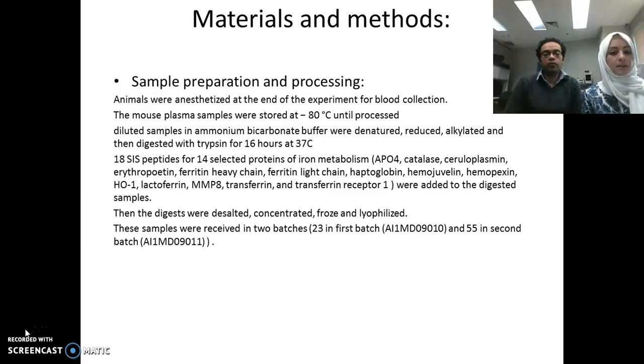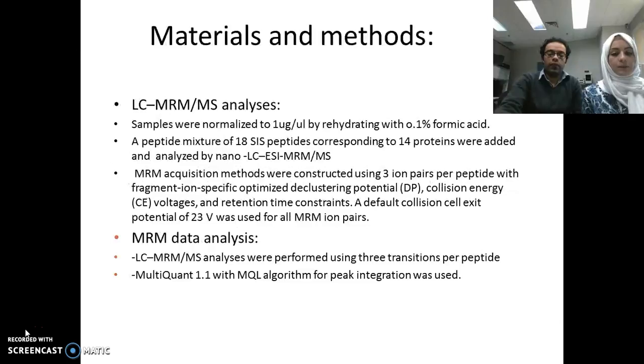The mouse plasma samples were stored at minus 80 degrees until processed. Diluted samples in ammonium bicarbonate buffer were denatured, reduced, alkylated, and then digested with trypsin for 16 hours at 37 degrees. 80 SIS peptides for 14 selected proteins of iron metabolism were added to the digested sample. These samples were received in 2 batches, 23 in the first batch and 55 in the second batch.